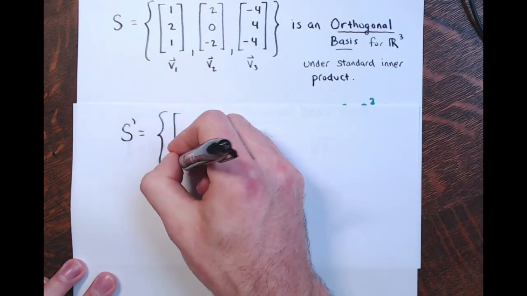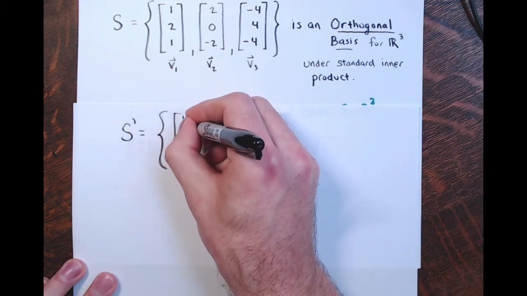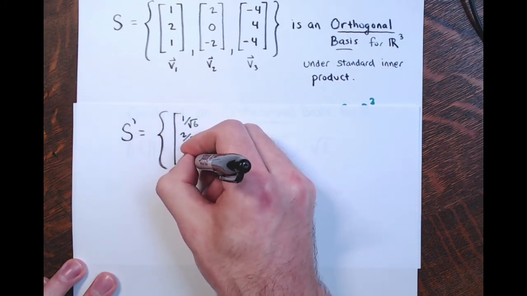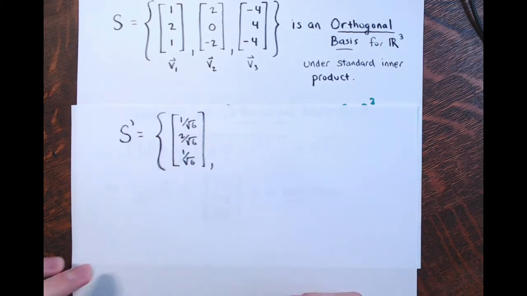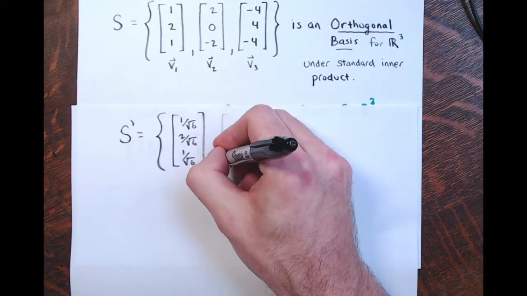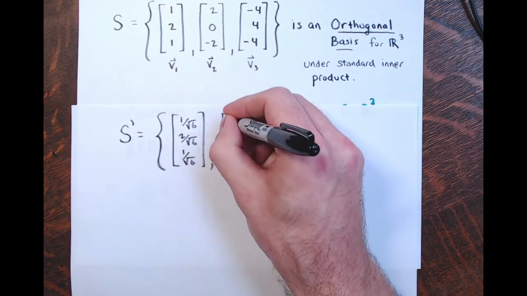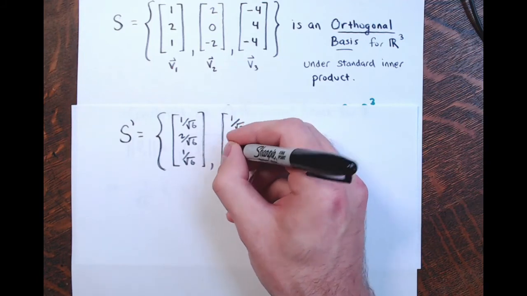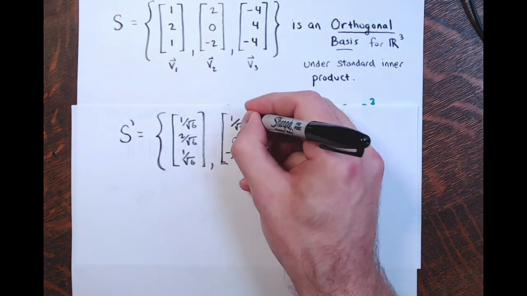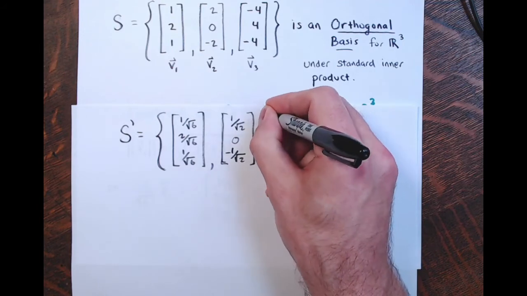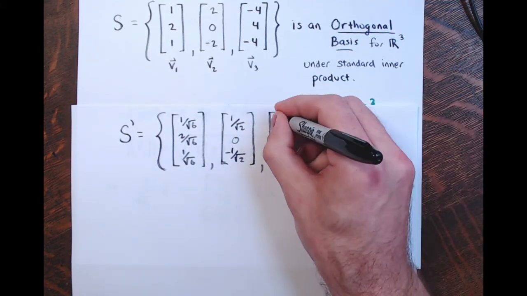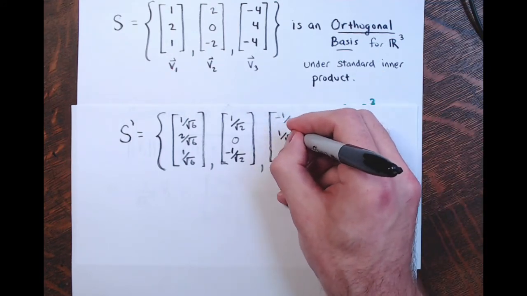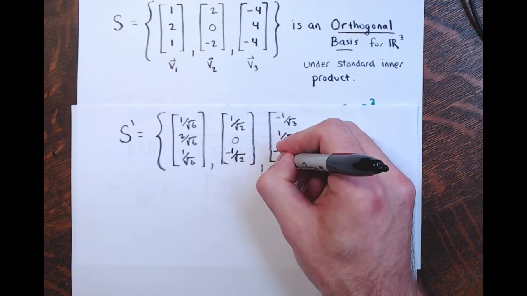So it was, again, 1 over the square root of 6, 2 over the square root of 6, 1 over the square root of 6, and 1 over root 2, zero, negative 1 over root 2. And finally, that last one, negative 1 over root 3, positive 1 over root 3, negative 1 over root 3.